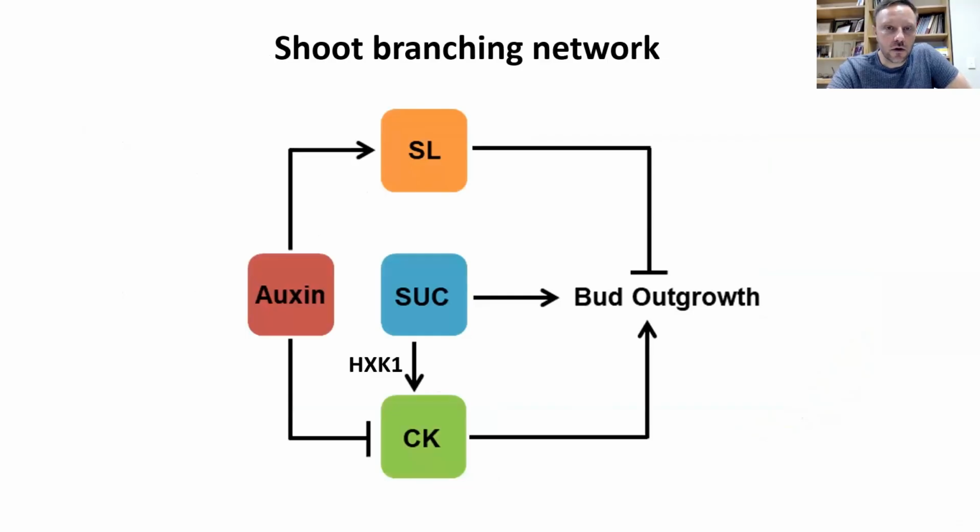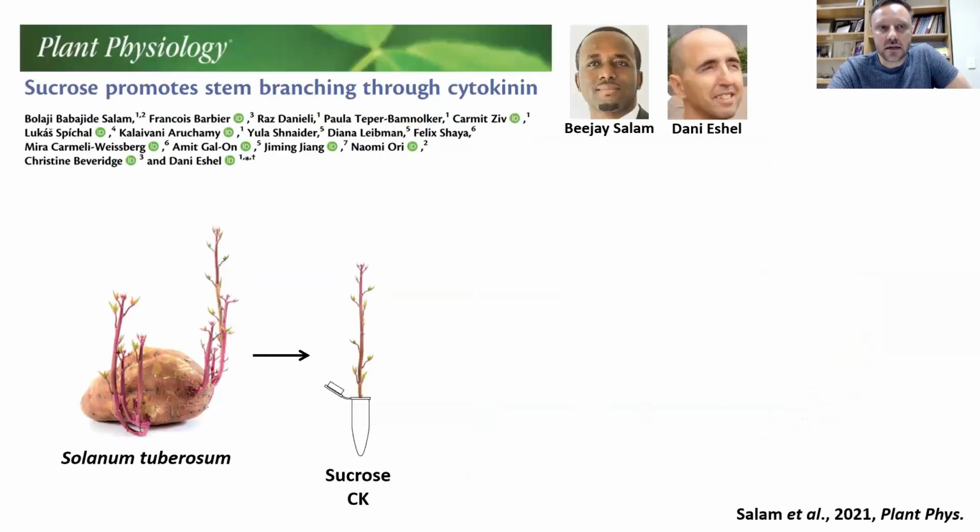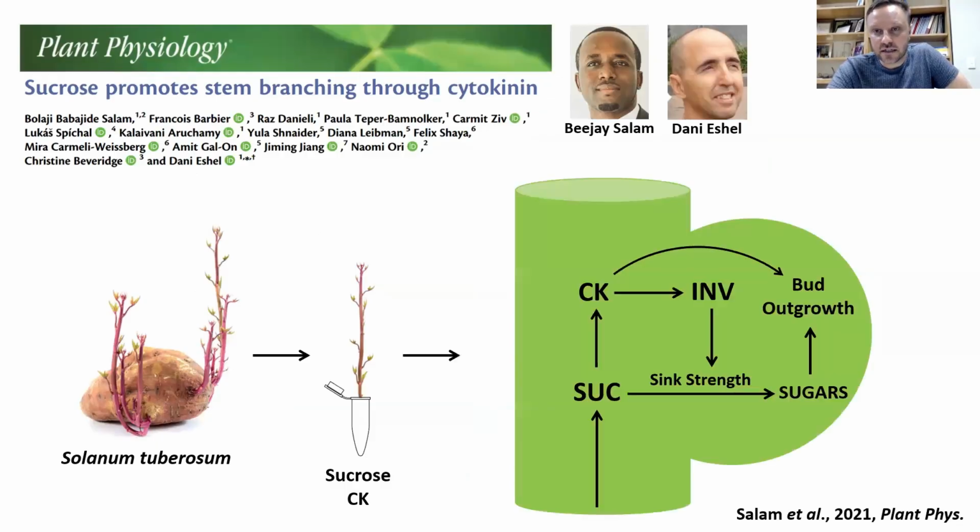And we also worked on testing the impact with a collaborator, Dani Eshel, and a PhD student, BJ Salam. So we tested the impact of cytokinin on sucrose sink strength in the bud. Sink strength can be regulated by invertase activity.